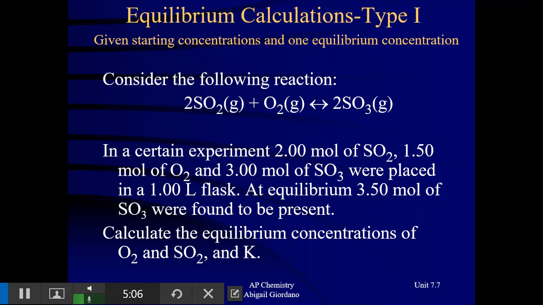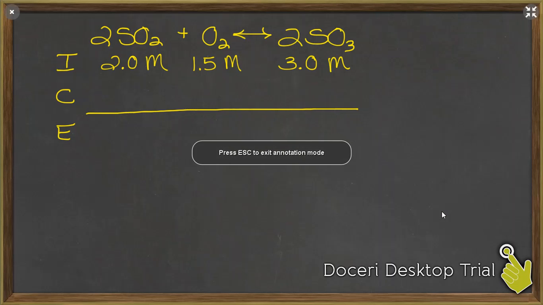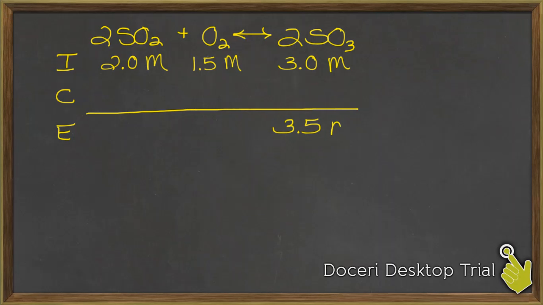Look at the second sentence in the problem. At equilibrium, 3.5 moles of SO3 were found to be present. We're in the same container, the 1 liter flask. So at equilibrium on the E line, we're going to have 3.5 molar right there.